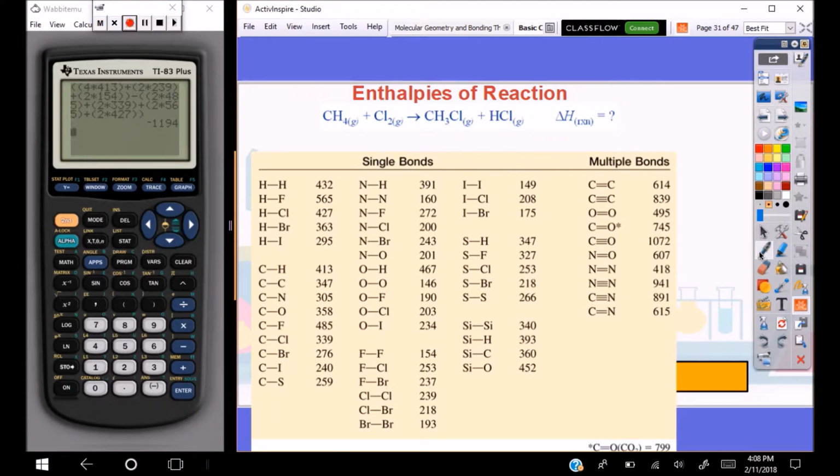All right, if I draw my Lewis structures, I know I've got 4 CH bonds I'm going to have to break, and I've got 1 Cl-Cl bond that I know I'm going to have to break, and I know I'm going to end up forming 1 CCl bond, and 3 CH bonds, and then an HCl bond.